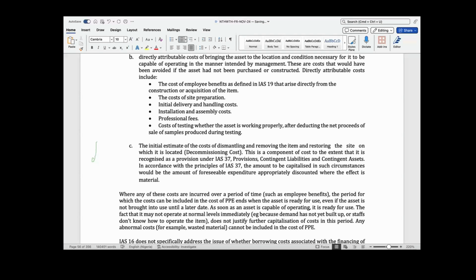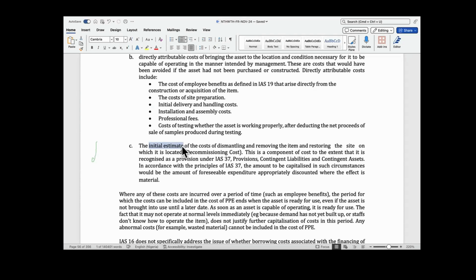If you look at this cost very closely, you don't require too much thinking before you realize that this is a cost that you are not incurring now. This is a cost that you are going to incur in the future. Because of that, it says initial estimates. You can't know that cost with certainty. You can only estimate.